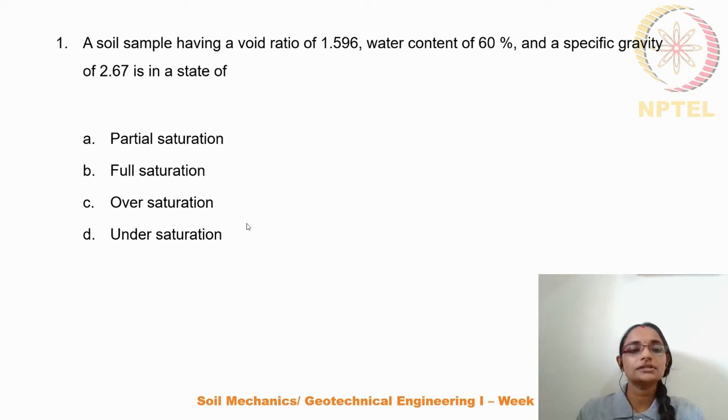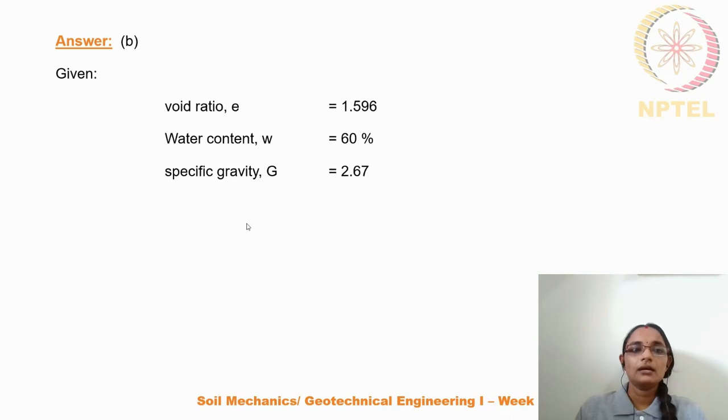Yes, the correct option is full saturation. So let's see how to solve this. We are given void ratio 1.596, water content as 60%, specific gravity as 2.67. We know an equation relating void ratio, degree of saturation, water content and specific gravity as eS is equal to Gw.